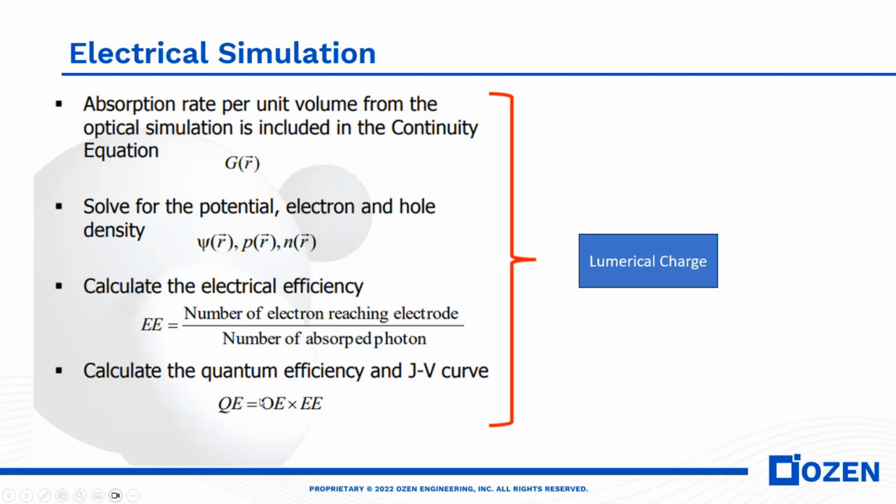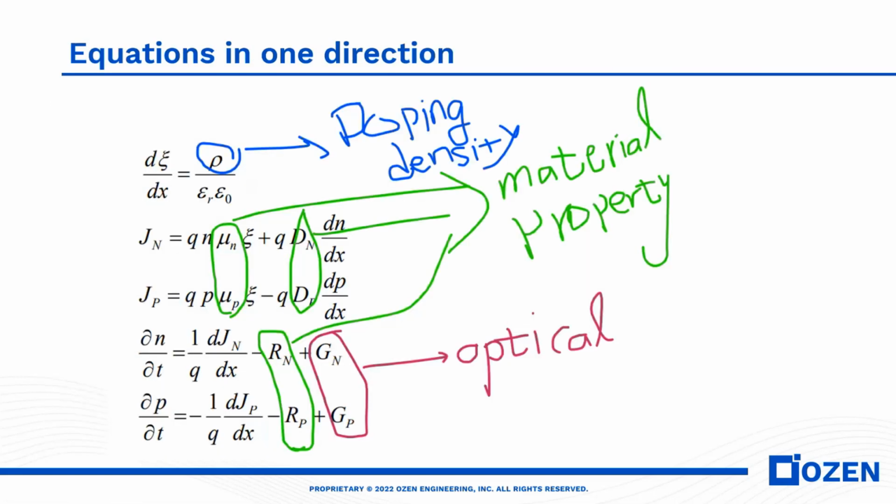And this is the final quantum efficiency that you can see here. So we use the numerical charge to calculate these parameters. This is a simple example in just one direction. These two equations are the continuity equations, these two are the drift diffusion equations, and this is the Poisson equation.